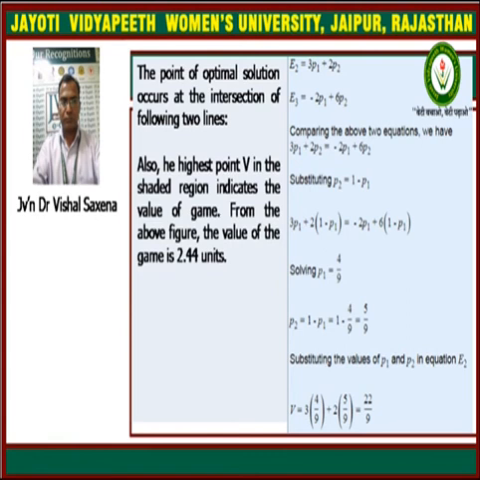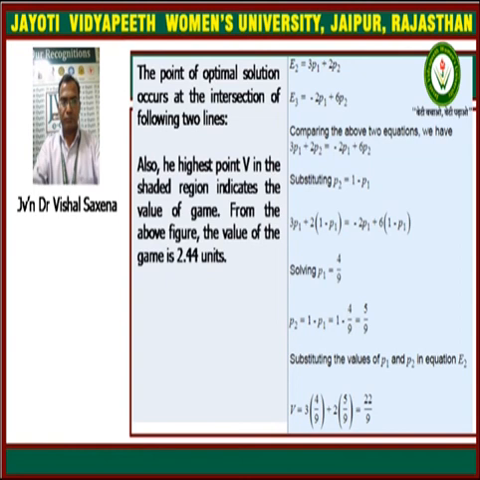So now we take two lines and find the optimal solution by their intersection. The two lines are taken as E2 and E3. E2 is 3p1 plus 2p2 and E3 is minus 2p1 plus 6p2. Now we have to solve for the intersecting point.